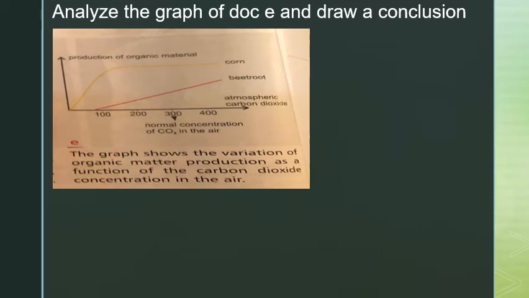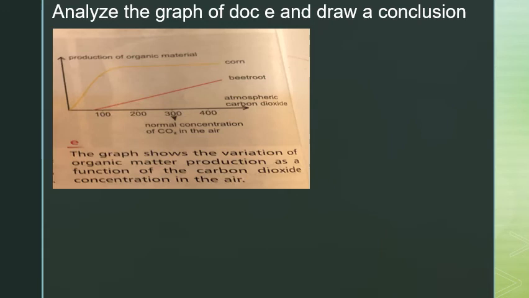Then when the concentration of carbon dioxide increases from 100 to 400, what happens to the production of organic material, as you can see in the graph? It also increases. It increases from 0 to I don't know where, but it's increasing.